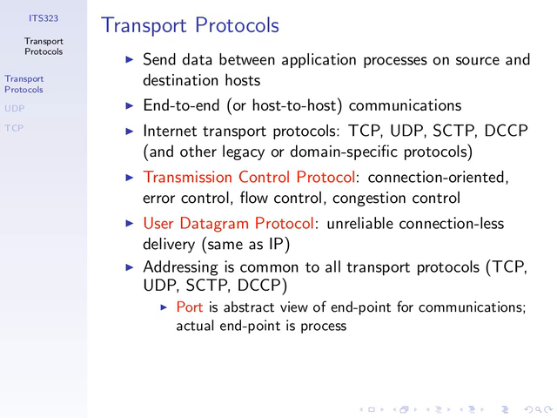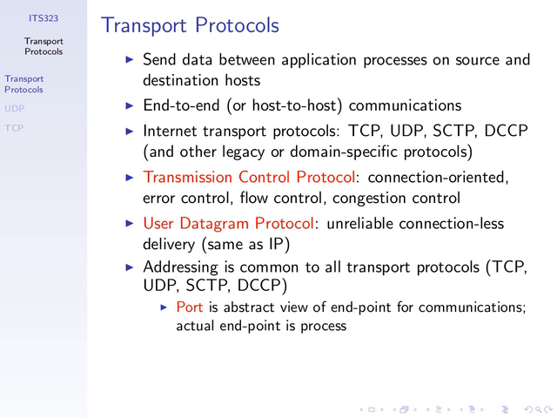There are other transport protocols. One thing that's common to all of these transport protocols is how they use addressing. And how do we use addresses to identify applications? And they use this concept of a port number. And we've spoken about a port number early in the course. A port is some abstract view of the endpoint for communications. Our applications are the endpoints. They're the things that want to communicate.